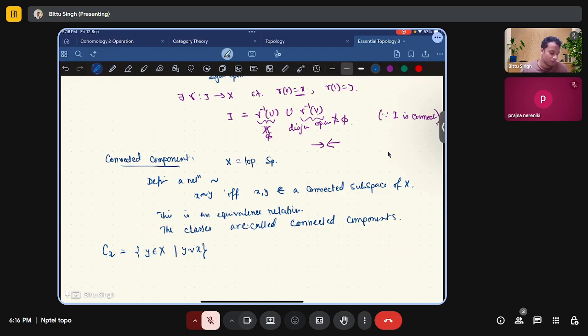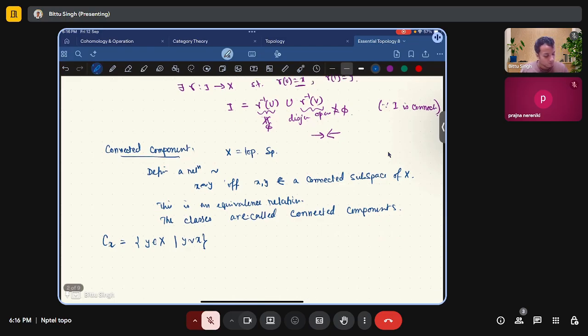Note that Cx is nothing but the union of all connected subspaces containing the point x. So this should be clear, right? Because the corresponding connected component contains all y such that x and y belong to the same component.